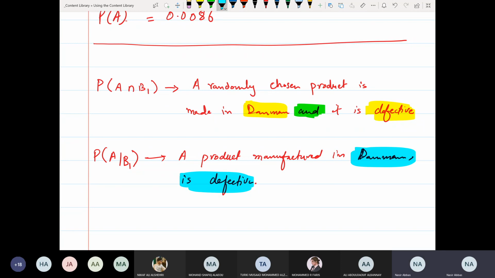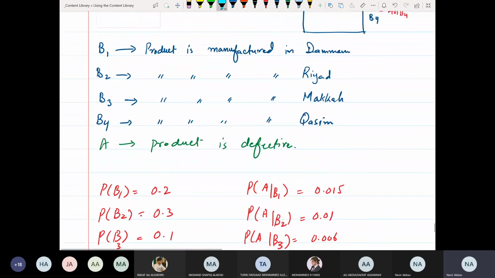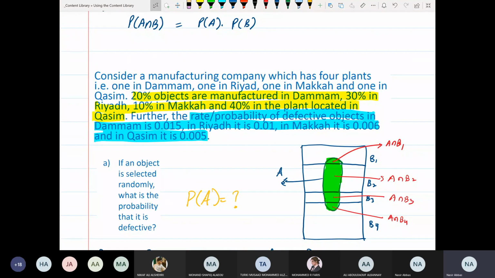So now you look at the 2 statements and decide what this blue statement is.